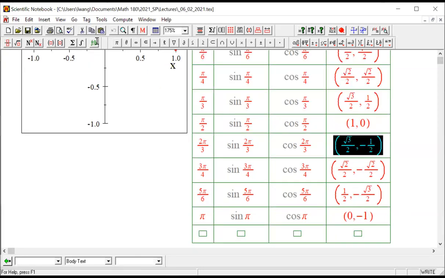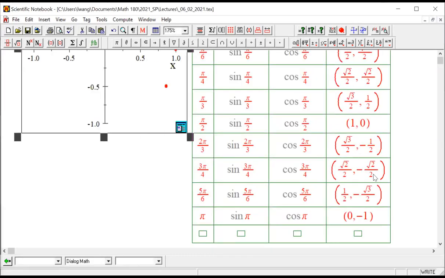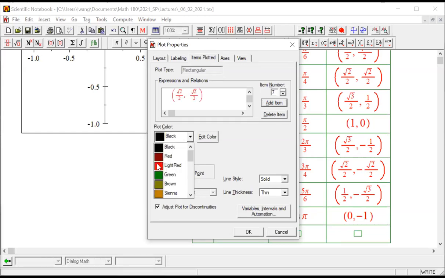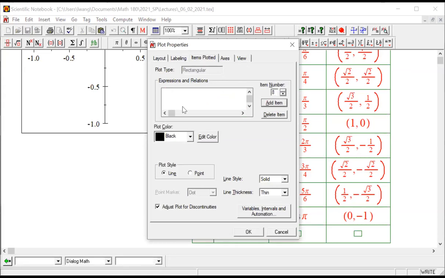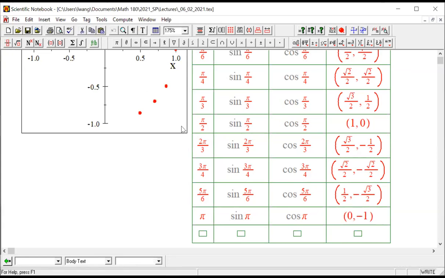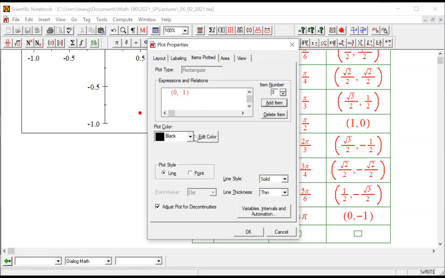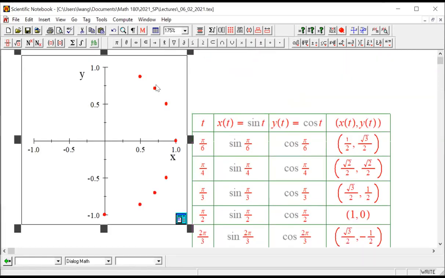Be patient. We get all the points, and we also discover the direction, right? Okay. So we just did half of it, right?